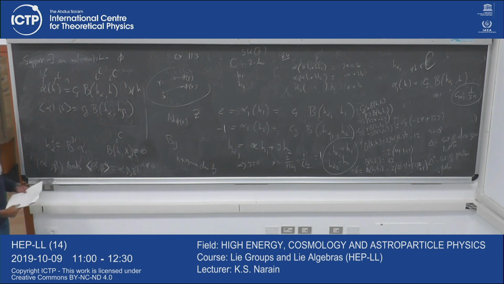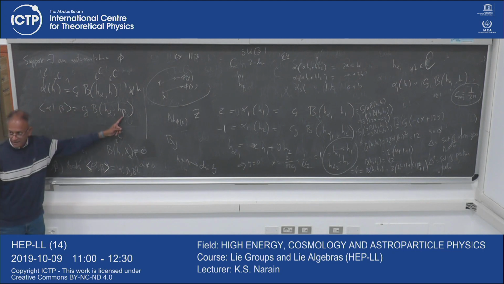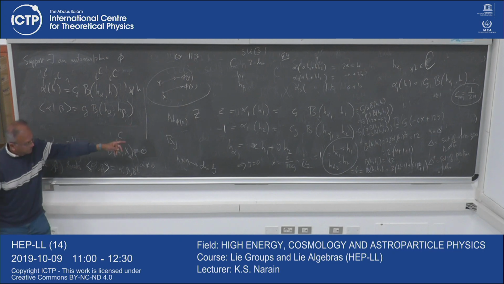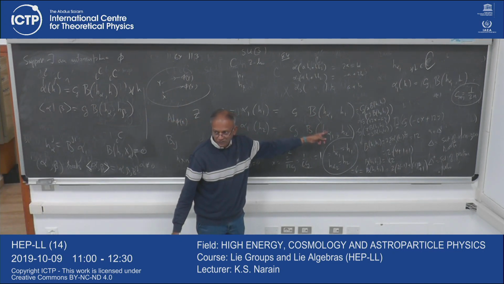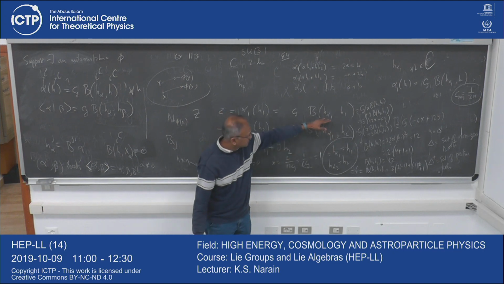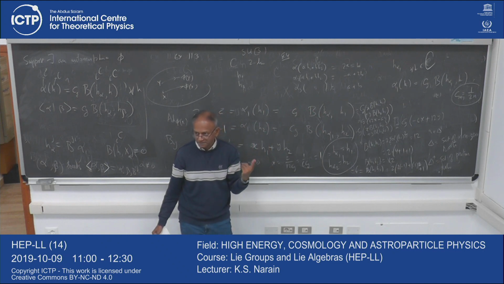So you see, we use this equation to determine what is H alpha and H beta, and that is uniquely determined if B is invertible. If B is not invertible, you will not be able to uniquely solve these two sets of equations. But it's precisely because it's invertible that you can invert it and get a unique solution.